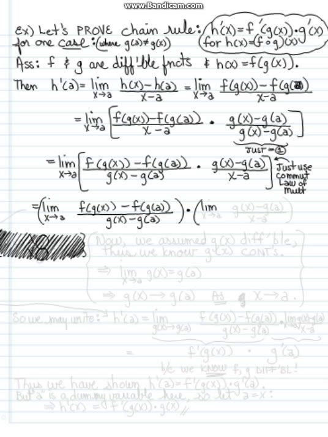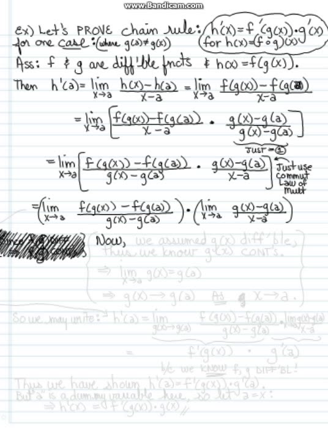Now, we assume that g of x is differentiable. Thus, we know that g of x is continuous. You see, I made a mistake, so I went back and crossed it out.